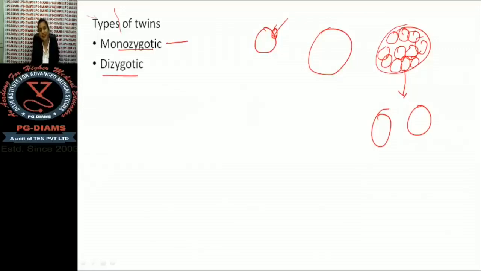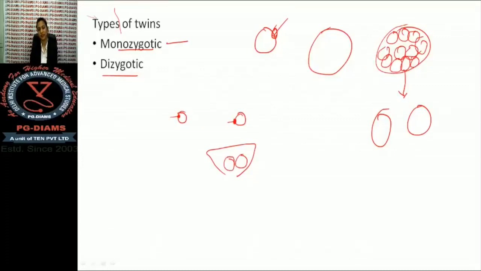Then dizygotic twinning is when you have 2 oocytes fertilized by 2 different spermatocytes at the same time, in the same cycle. The oocytes may be derived from the same ovary or from 2 different ovaries. Basically, in the uterus, you have 2 fetuses of different genetic makeup because these are 2 different oocytes and 2 different spermatocytes.